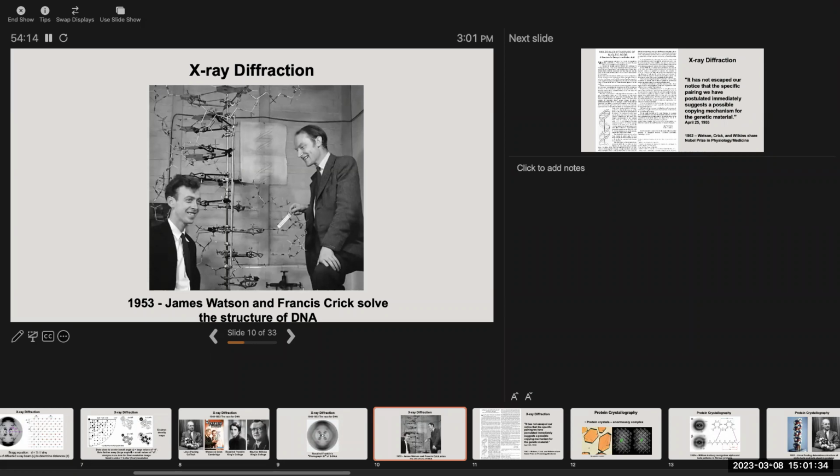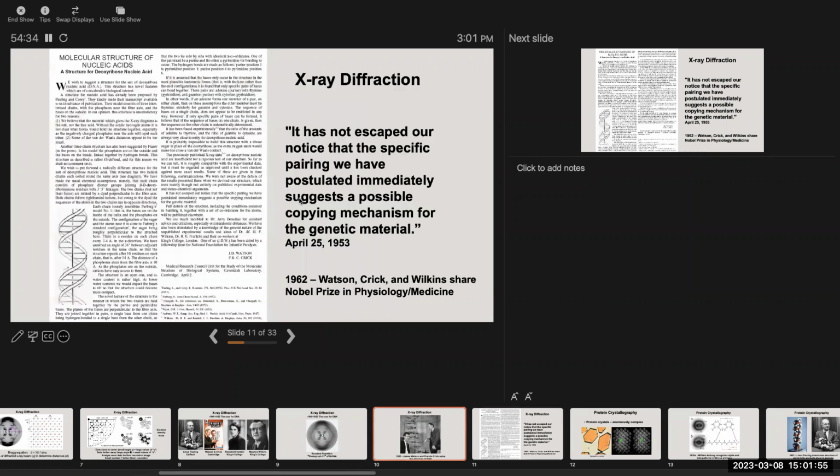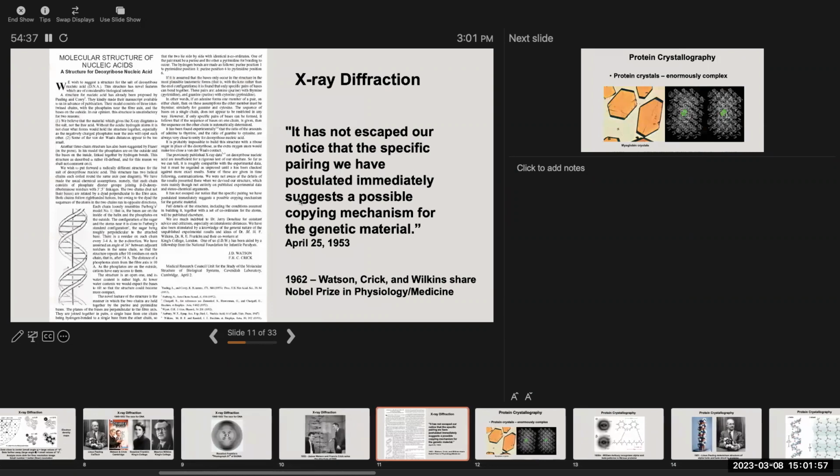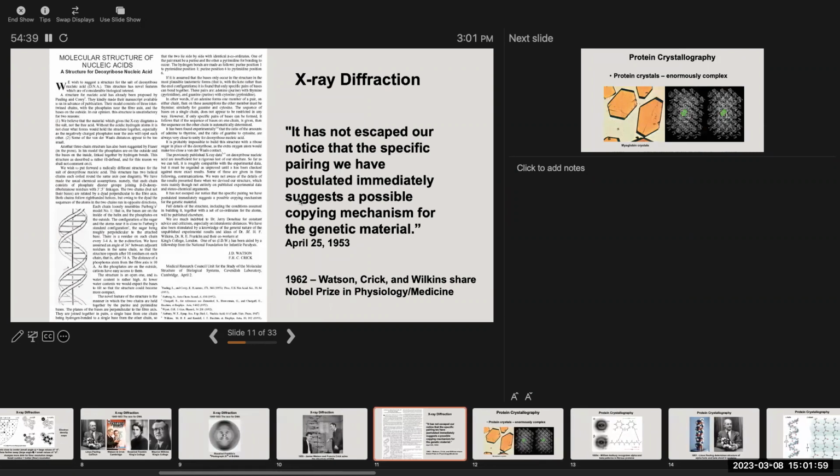Which, if you could see it better, you'd realize looks a lot like modern pictures of DNA. That was actually drawn by Francis Crick's wife, Odile, who went by the nickname Odette. So Odette Crick created that ribbon diagram of DNA, which then appeared in their article in Nature in 1953.